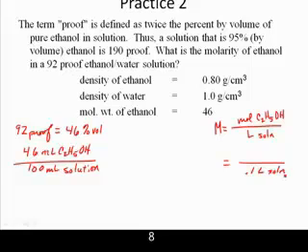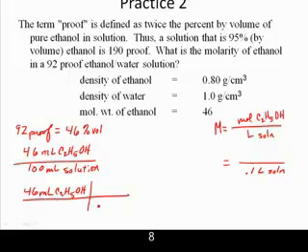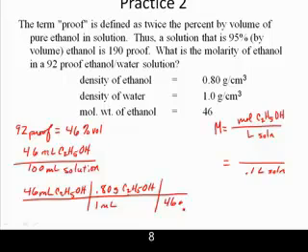of solution. Okay, so now 46 milliliters of ethanol, C2H5OH, and then the ethanol density says 1 milliliter is 0.8 grams of the ethanol, and I need moles, so molar mass is going to be 46 grams in 1 mole.